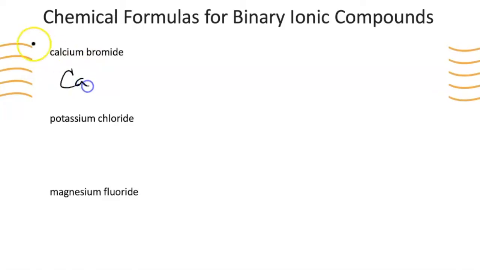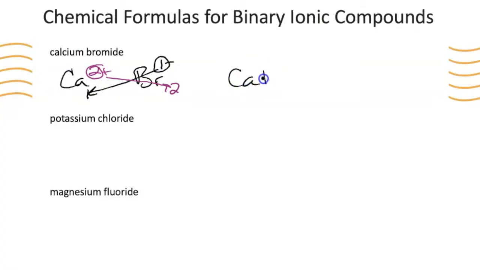Calcium is in group 2, which will have a 2 positive charge. And bromide, which is bromine, is in group 17, which will have a 1 negative charge. I'm going to include the 1 there. So if I take this 1 and use it as a subscript for the calcium, and the 2, use that for the subscript for bromide, we will have CaBr2.